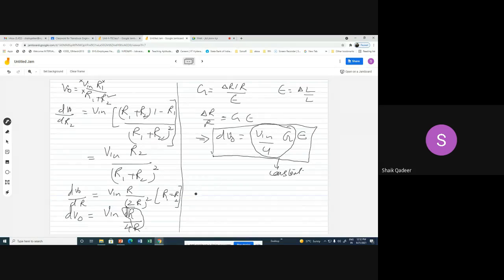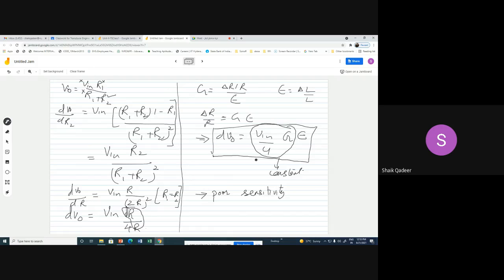So I will explain you. This type of relation is actually giving poor sensitivity. The reason is, we are actually dividing the input voltage by 4. Here, we are making the input voltage less by 25%.